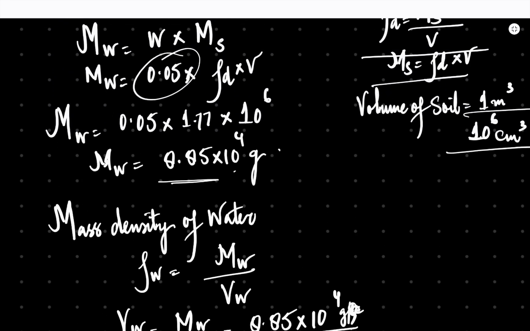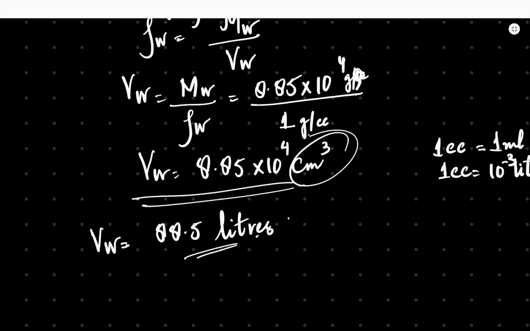Now what shall I do? I'll use the same computations, but I'll take my water content as 15% and then I'll calculate the volume of water there, and then I'll be subtracting the two. That will be my volume of water to be added to the soil so as to raise its water content from 5% to 15%.